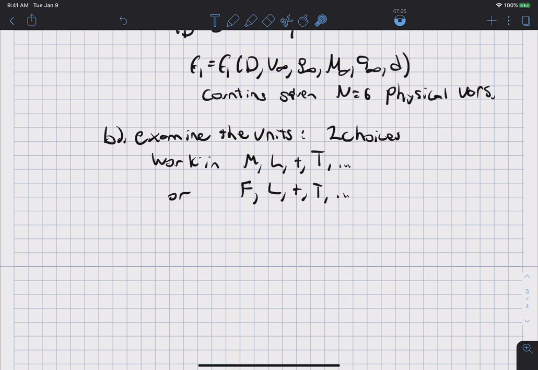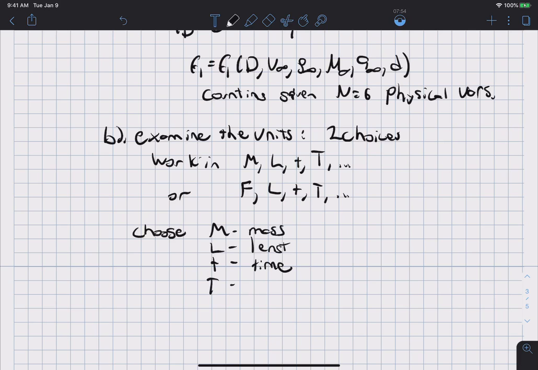Note, after we go through this entire procedure, the final result should not depend on which of these two systems you pick. Okay? And so I'm going to choose mass. And that's just a choice: the mass, length, and time.